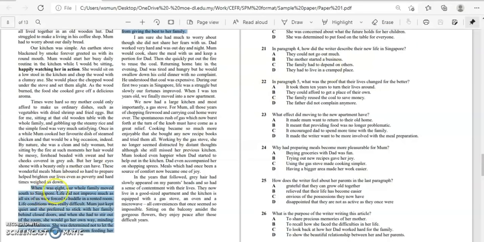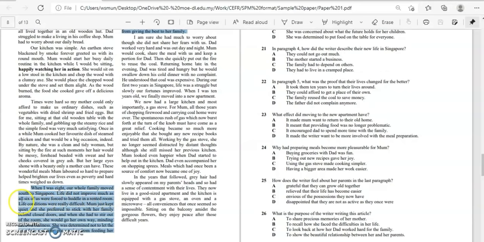When I was 8, our whole family moved south to Singapore. You see, the question is asking about their new life in Singapore. So they have moved south to Singapore. So we know that this is the part where you will be able to get the answer.